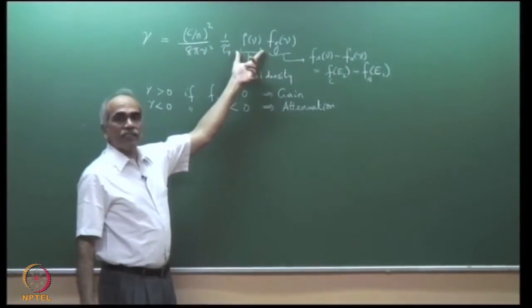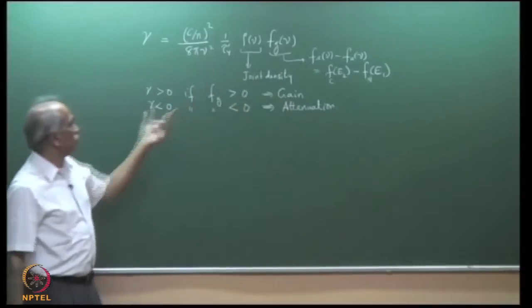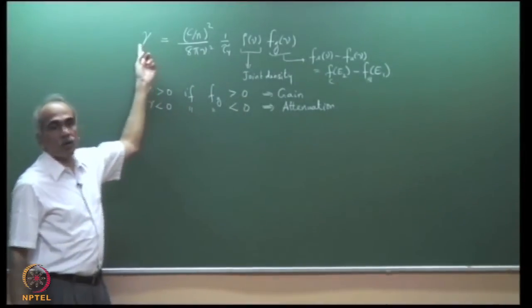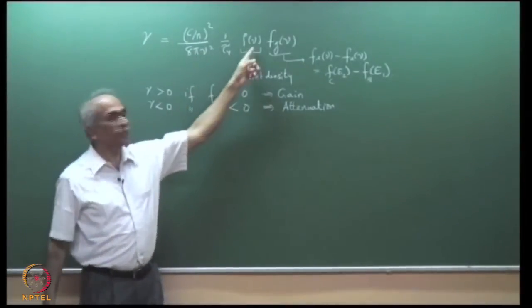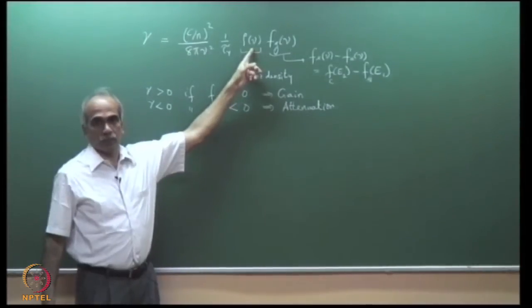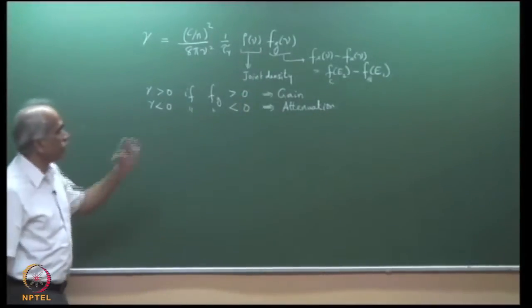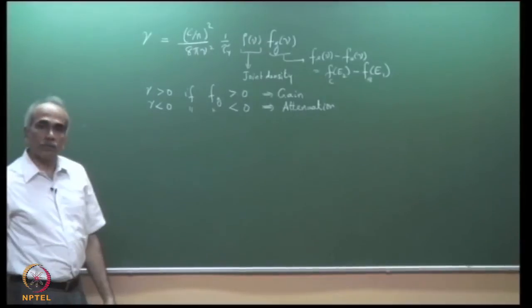It is the joint density of states which determines the gain profile. Gamma of nu is primarily determined by rho of nu. So, today we will see the gain and loss in a quantum well structure.